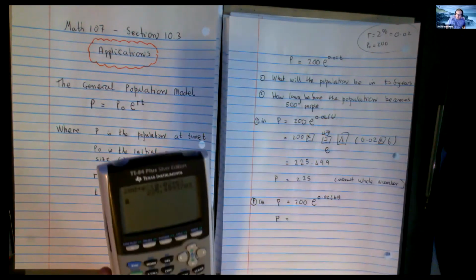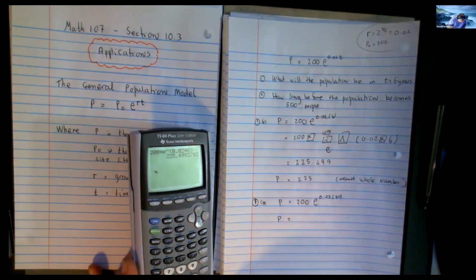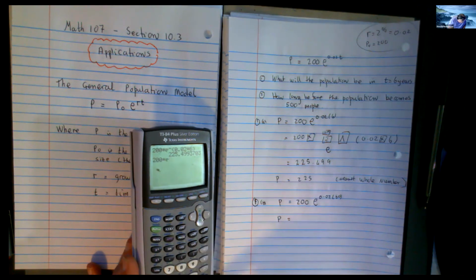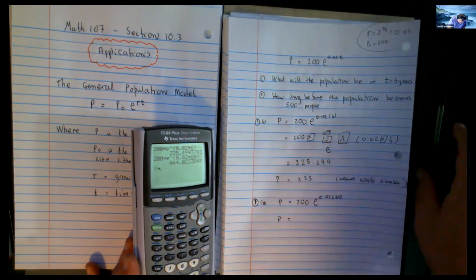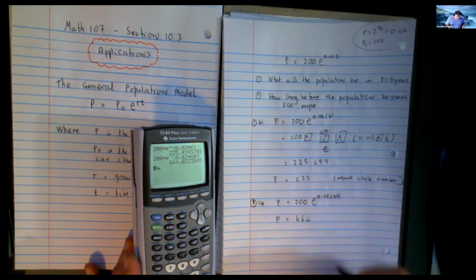Agreed? With 60 years of growth, it's just going to be a lot more people. So 200 e to the power, put in a bracket, 0.02 times 60. And this place has grown to 664 people to the nearest whole number.